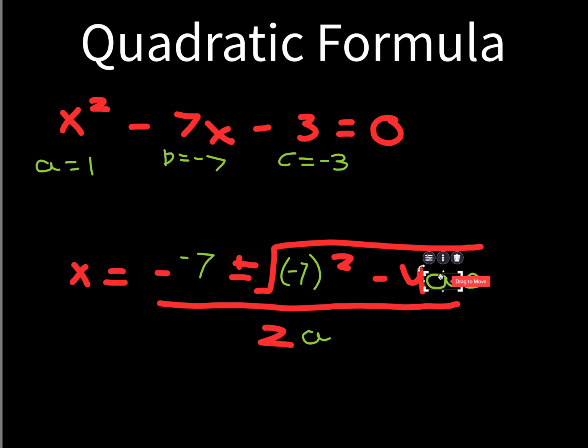Getting rid of the a and c here, and the a at the bottom, and replacing them with our specific a and c's. Now that we have everything written out here, we're going to go ahead and move on to solving.